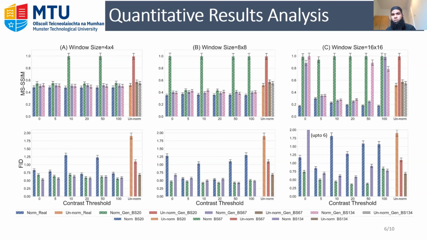And similarly, for window size 16x16 MSSIM, we got the best score using batch size 67. So this is quite a difficult analysis to understand which parameters we can utilize to improve the feature information and enhance the visual information of X-ray images for DC-GAN.